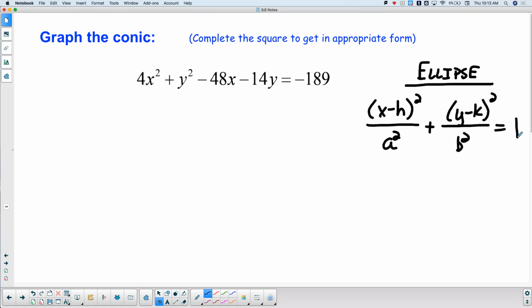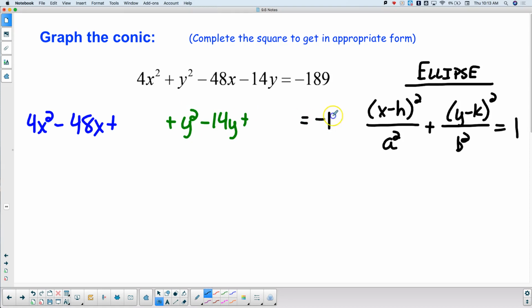Alright. So, first thing that we need to do then is group our x's and our y's. So this is going to be 4x squared minus 48x plus something, plus y squared minus 14y plus something, equals negative 189.